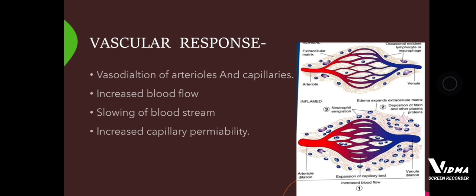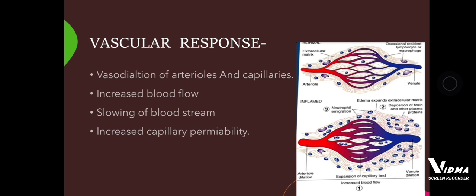In the vascular response, vasodilation of the arterioles and capillaries will be there. In the diagram you can see the first diagram is the normal, with normal muscles and arterioles.